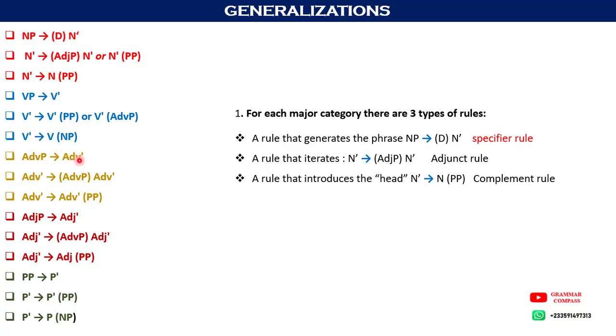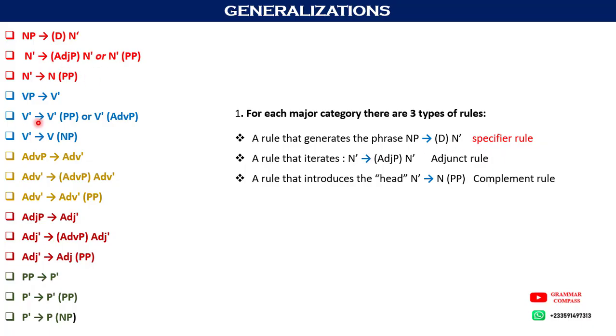It doesn't have any determiner. This is the specifier rule, no determiner. And in the prepositional phrase, this is the specifier rule. So it is only the noun phrase that has the determiner as a specifier, and we are going to change this rule when we look at the determiner phrases. So the first in all the phrases is the specifier rule.